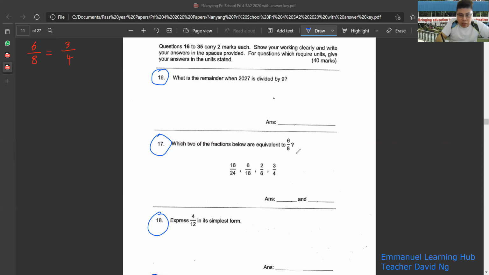Very good. So you have 3/4. That's one of them. But they want two of the fractions, right? So 18/24 is also equivalent. 9/12 is still not the lowest form.